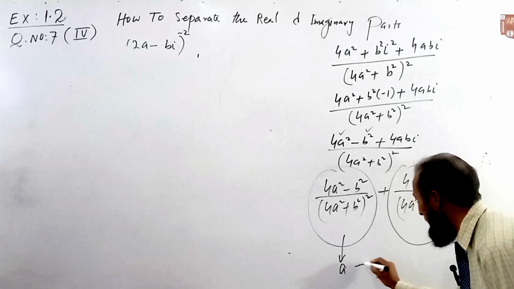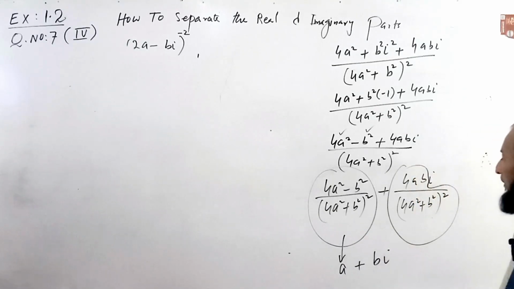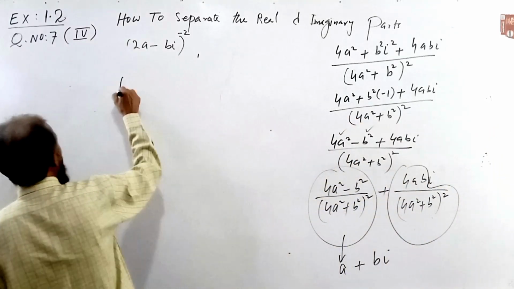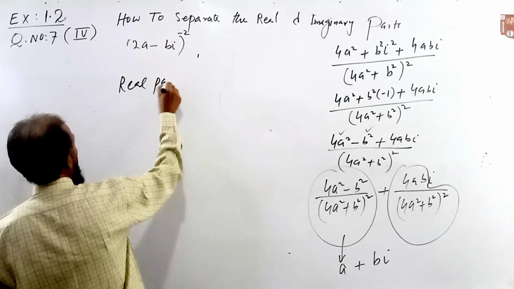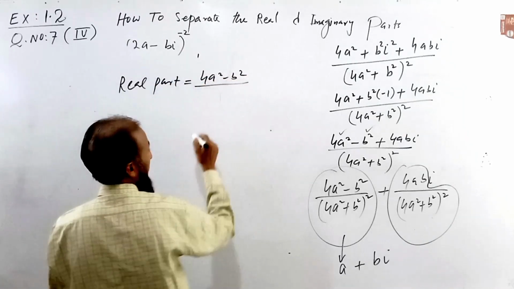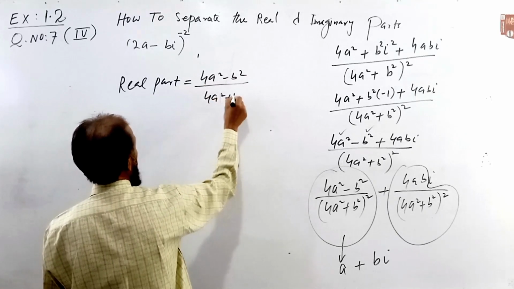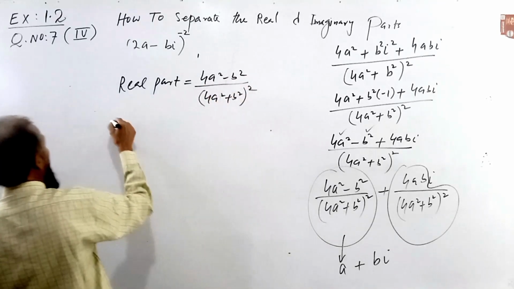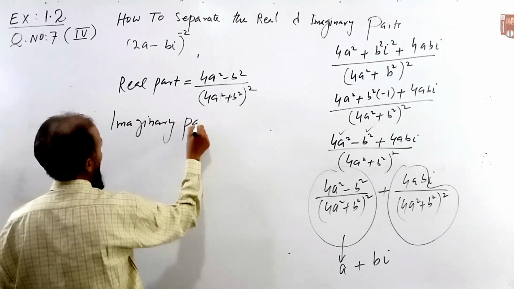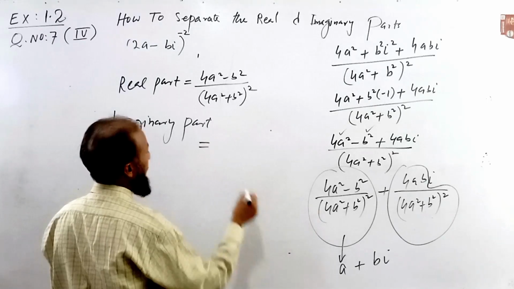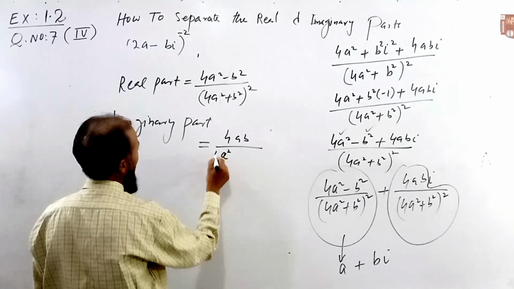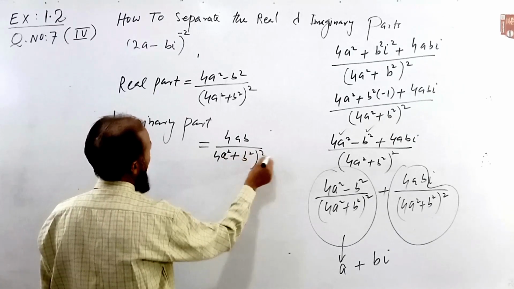According to the formula a plus b iota, this is a complex number. So the real part is equal to (4a square minus b square) over (4a square plus b square) whole square. The imaginary part is equal to 4ab over (4a square plus b square) whole square.